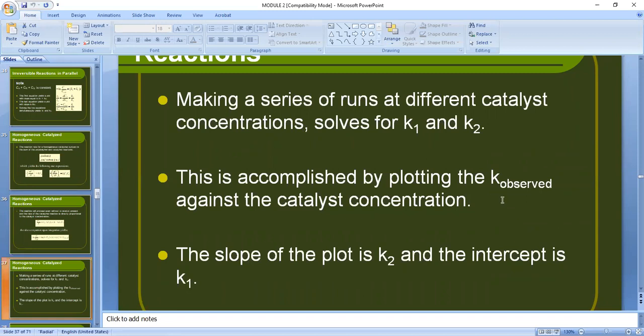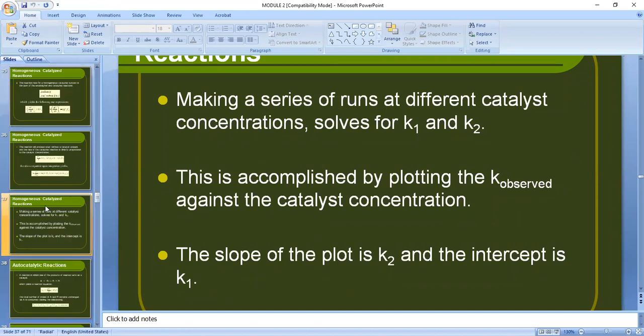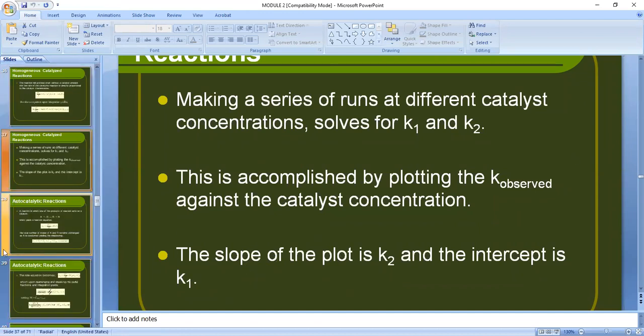And if you plot the different K observed values for different catalyst concentrations, you'll be able to determine the rate constants of the uncatalyzed and the catalyzed reaction. But you won't do plotting. You will analytically solve for what the problem requires. This is just for your information. Okay? And you will be given a problem also as an application for that.